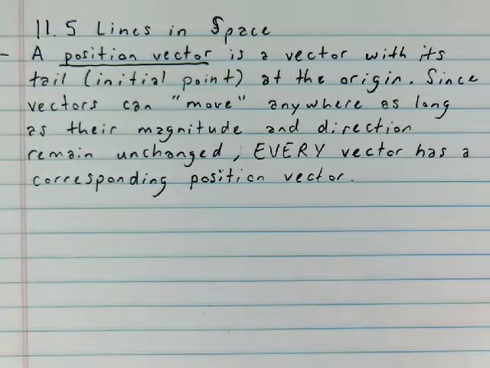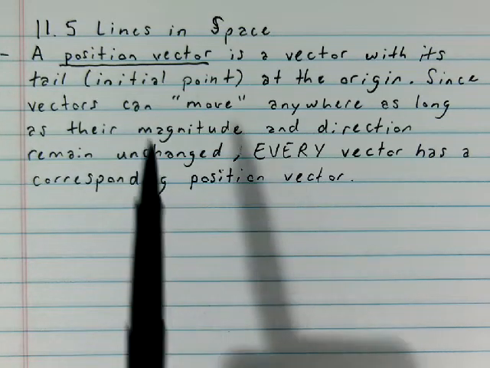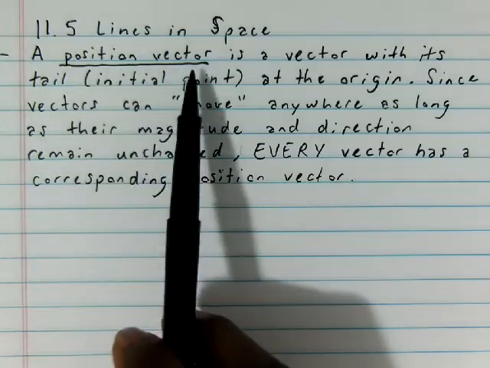So I've discussed this before, that we can take a vector and move it so that its tail is at the origin. When we do that, we call that vector a position vector.